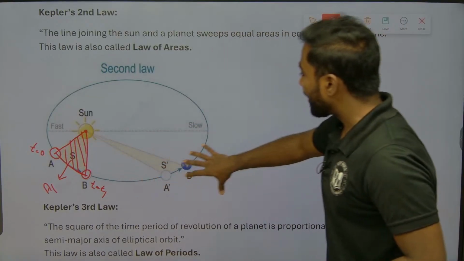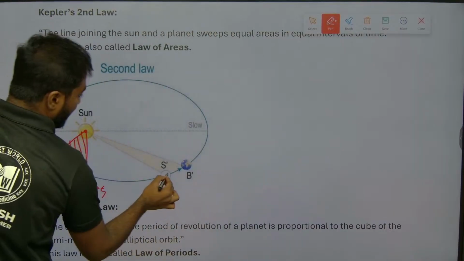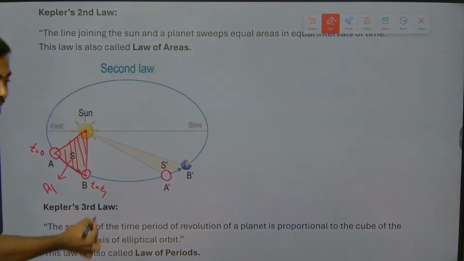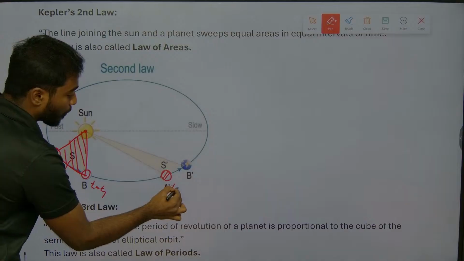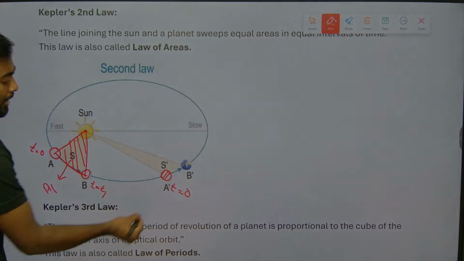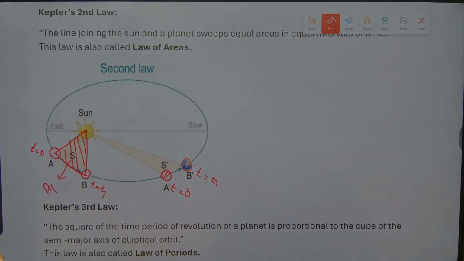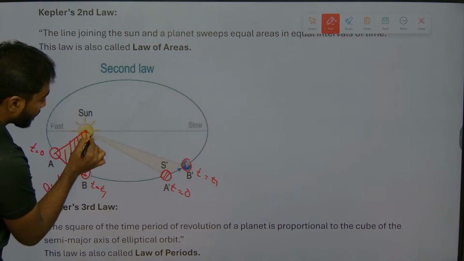When I take a point which is away from the sun, this is my initial planet position at t = 0, and this is the planet at time t = t1.